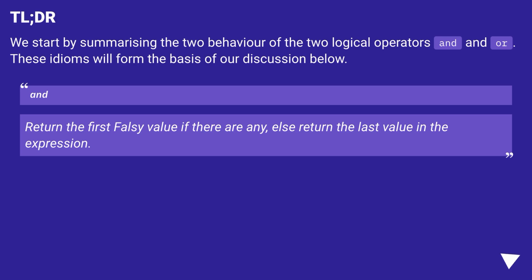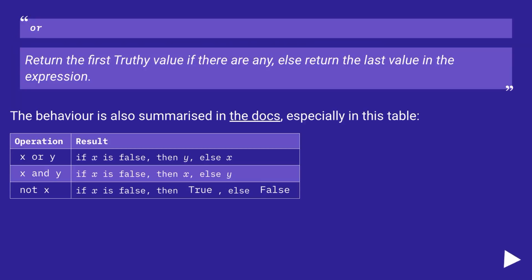We start by summarizing the behavior of the two logical operators and, or. These idioms will form the basis of our discussion below. And: return the first falsy value if there are any, else return the last value in the expression. Or: return the first truthy value if there are any, else return the last value in the expression.